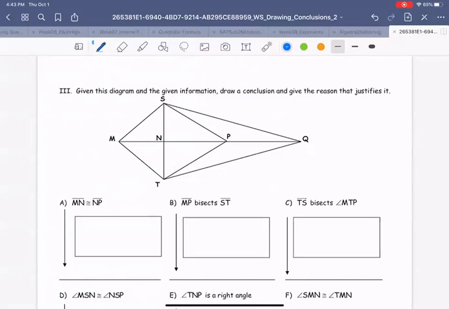This is not similar. When you do similar, you use this symbol. When you use this symbol, that means equal, or congruent. So MN is congruent to NP.